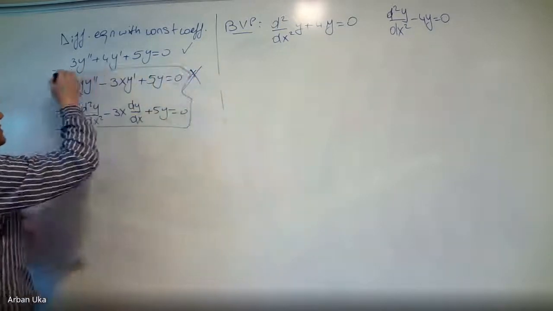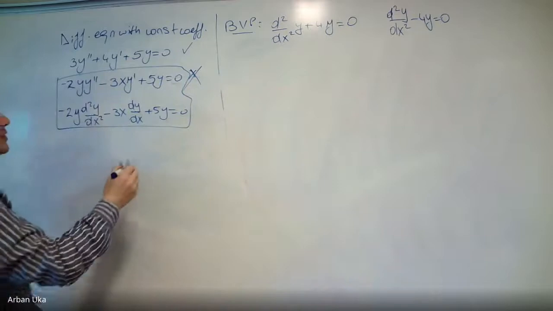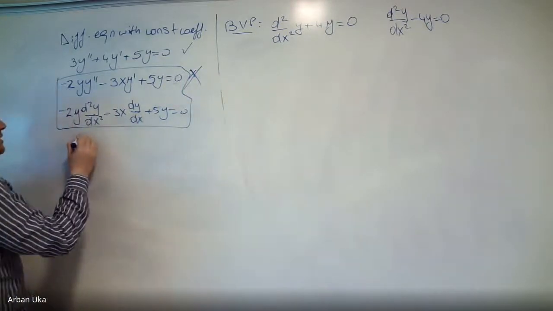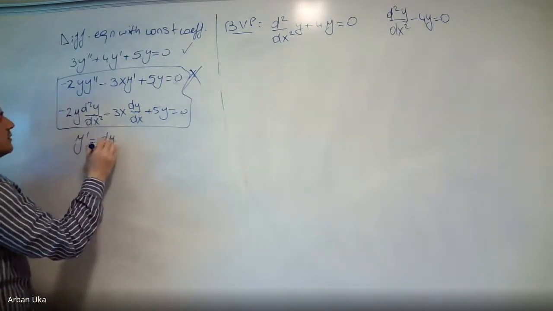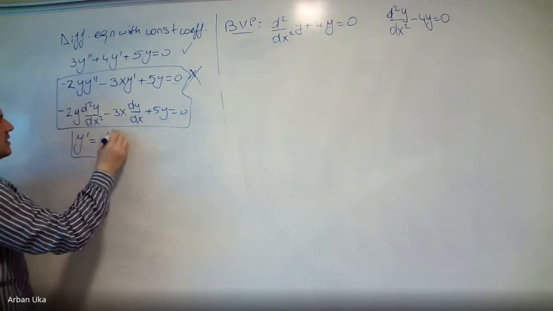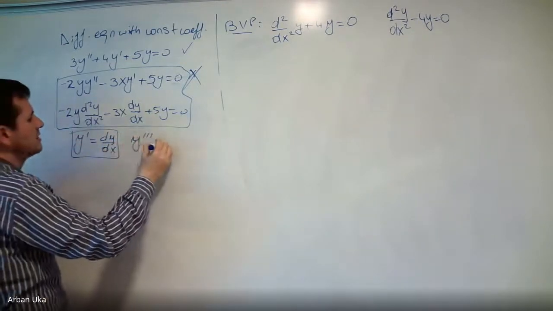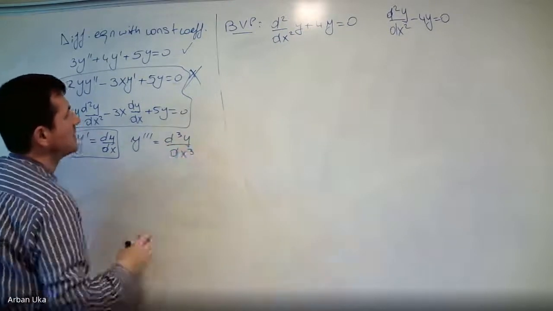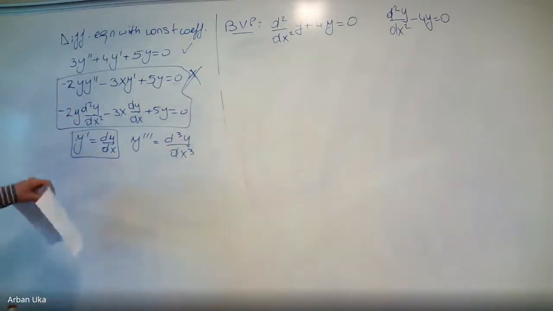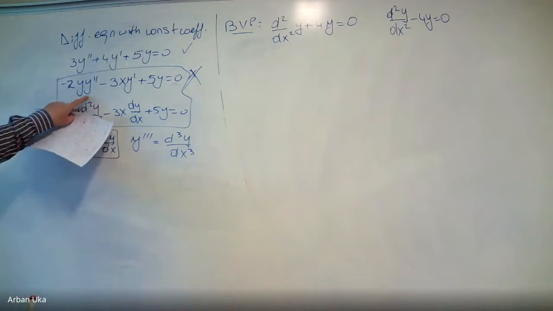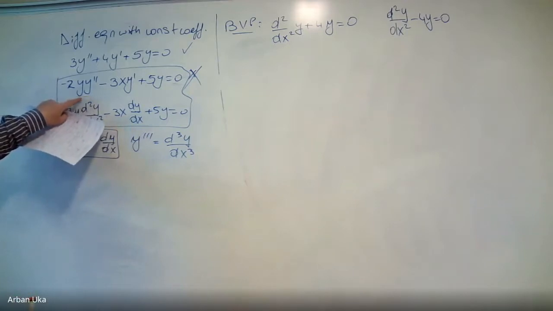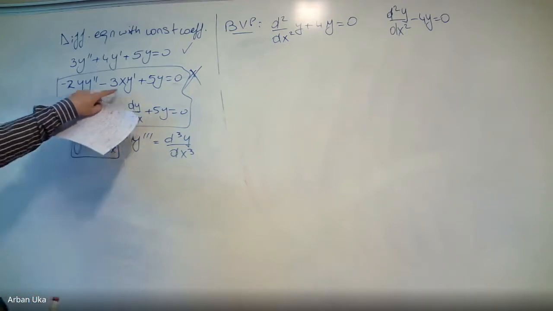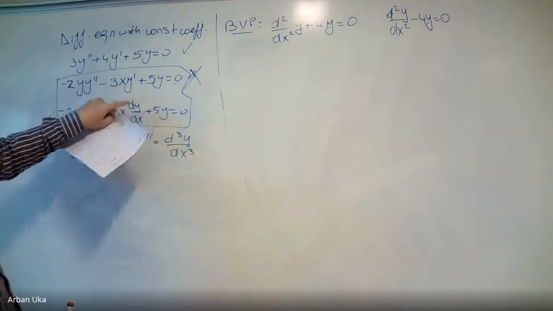These two are the same equation, and we're just denoting that y prime is equal to dy over dx. This notation we might see pretty often, for example the third derivative of y with respect to x. Now, these are nonlinear terms because we're multiplying y with the second derivative of y. Here, we're multiplying x with the first derivative of y.